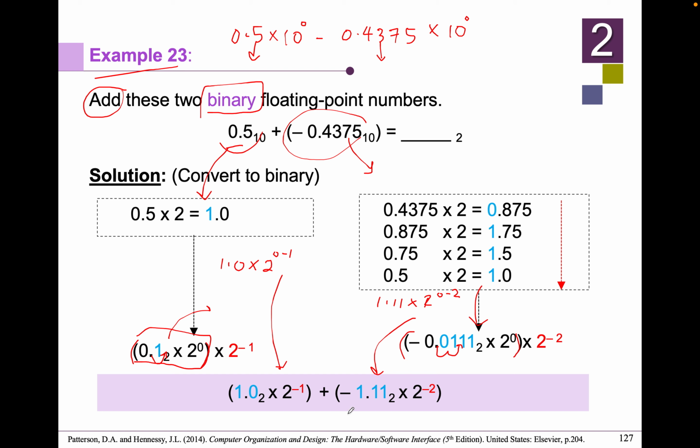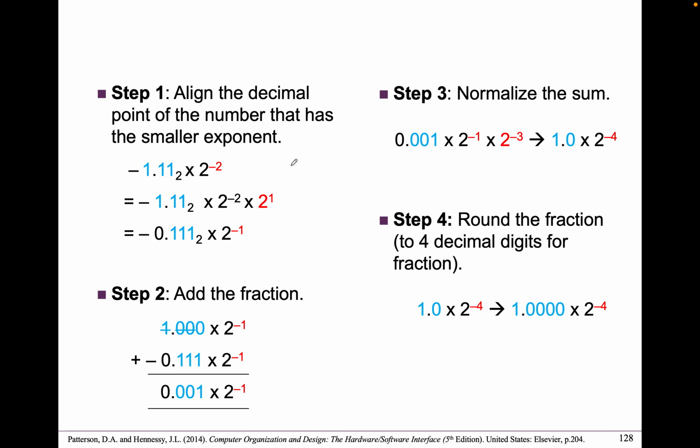After you get this, this one is the smallest. The smallest value, let's check here. Align the decimal point of the numbers that have the smallest exponent. So the smallest will be this one. You need to align with the biggest.